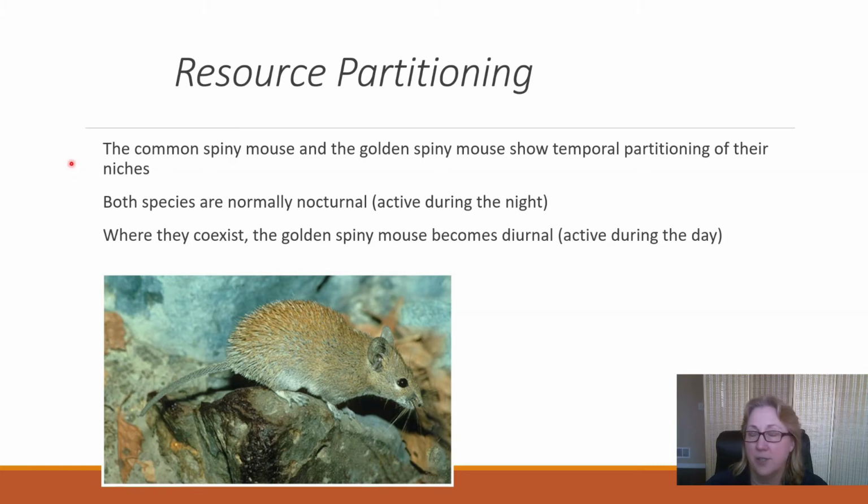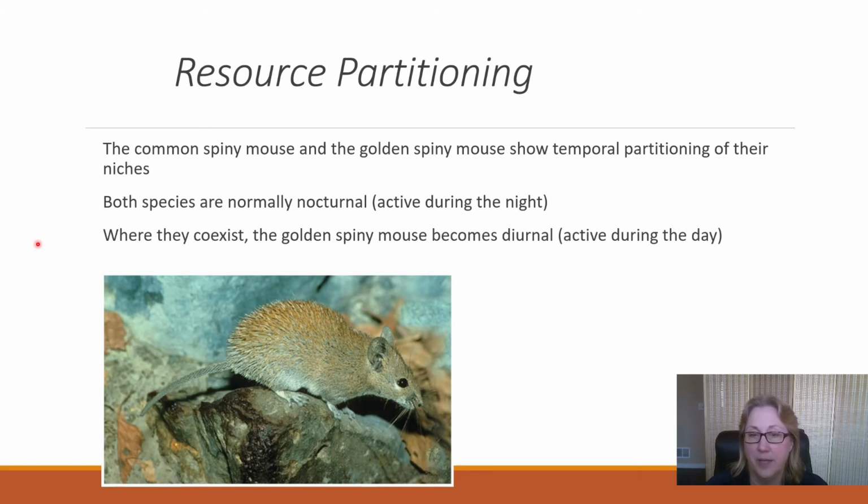So the common spiny mouse is the stronger competitor in that niche. So the golden spiny mouse was forced to change its niche in order to not be eliminated. So its realized niche is a daytime active mouse where the other species is present. So that's an interesting case of resource partitioning.